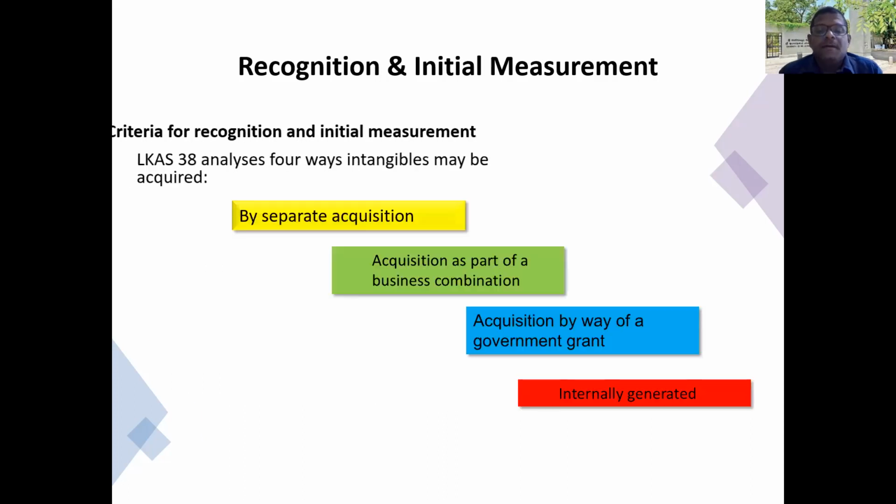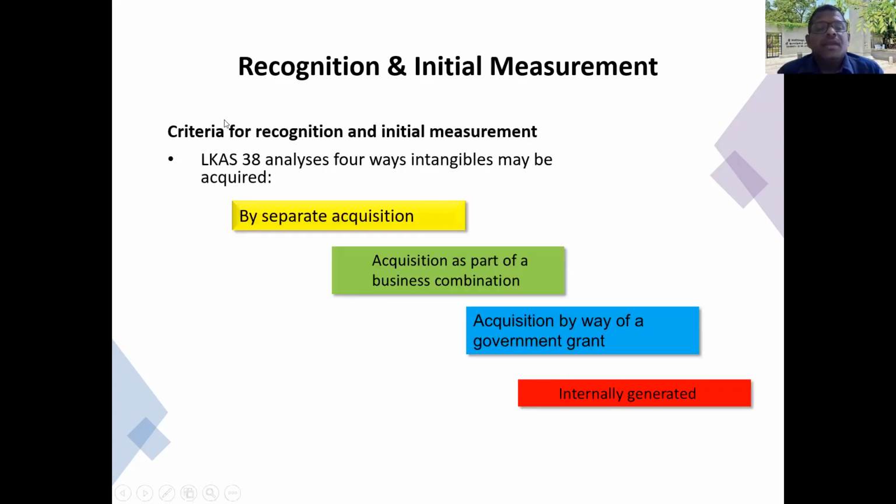Okay. So basically, there are four sources of intangibles. One is separate acquisition. Second, acquisition as part of a business combination.